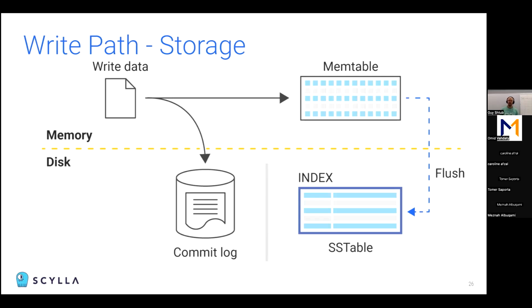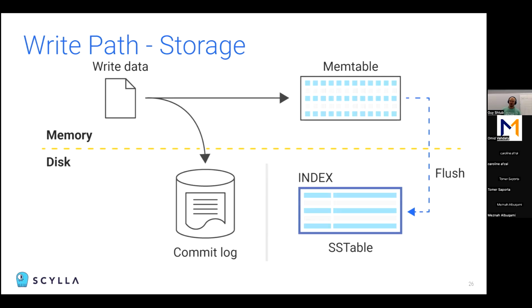And a mem table is a collection of keys and values. So that's our data. And at the same time, it's also written to a commit log on disk. Okay. Once the mem table reaches a size that's predefined, it will be flushed as it is to an SS table on the disk as well.